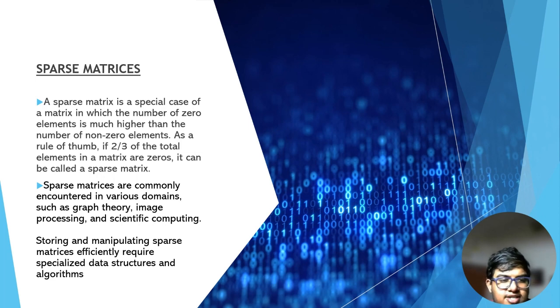Sparse matrices are commonly encountered in various domains such as graph theory, image processing, etc. Storing and manipulating sparse matrices efficiently requires specialized data structures and algorithms, which you'll see now.